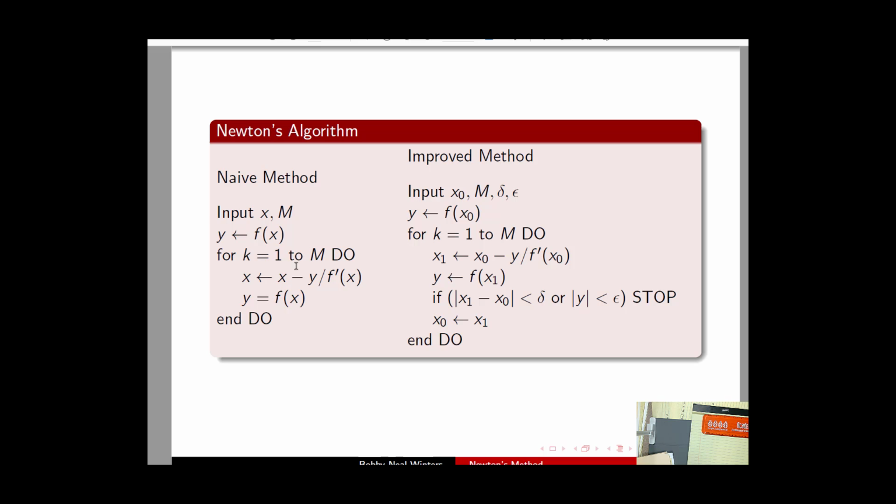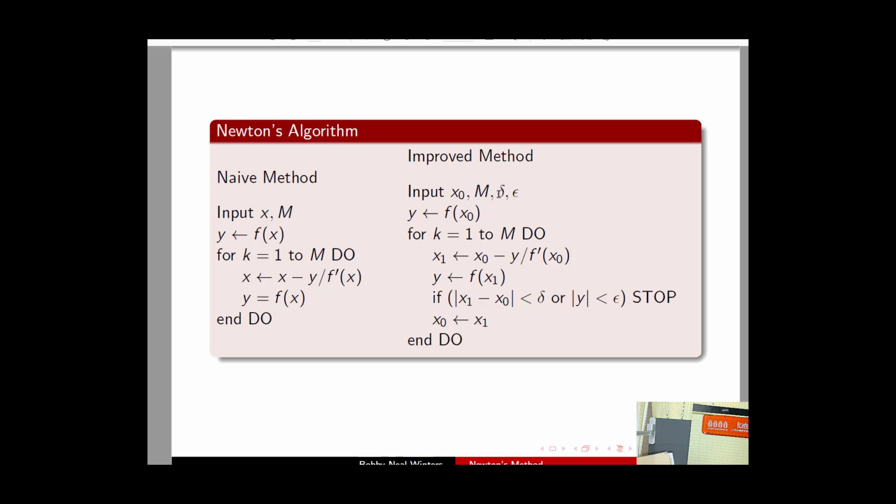Now, this is good. This will give us good, precise answers for most functions, but we can improve it by making it quicker. The idea is we input our initial value and the maximum number of times, and then we put in a couple of error tolerances.